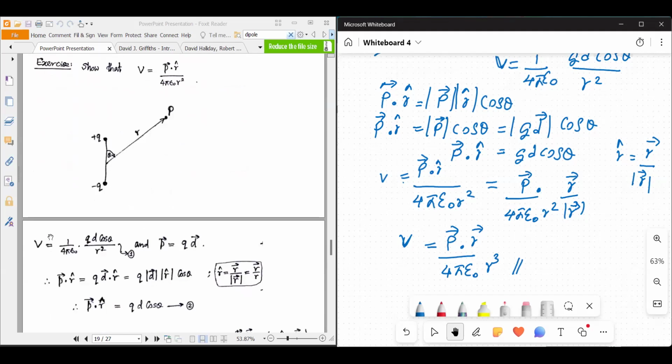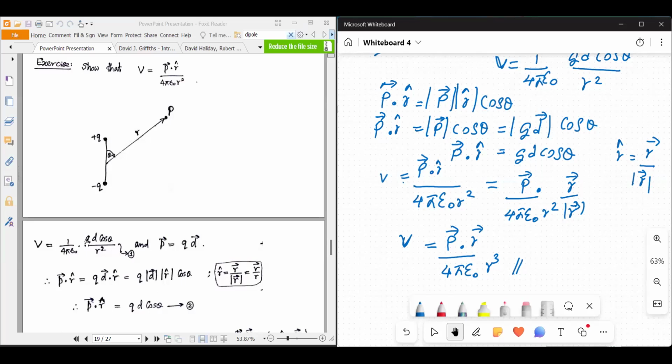So we initially obtained this equation, potential at a distance from a dipole is equal to 1 over 4 pi epsilon naught qd cos theta over r squared, and we discussed dipole moment is equal to qd, and then we first calculated this p dot r and showed that p vector dot r unit vector is equal to qd cos theta.